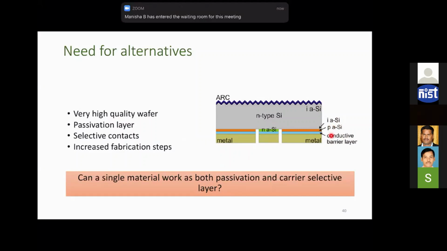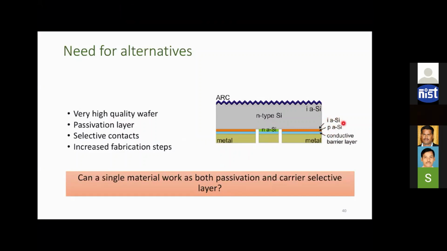Then you have to deposit a p-doped amorphous silicon. Then you have to deposit n-type amorphous silicon along with the intrinsic passivation on top of your N-side. So this technology actually increases the fabrication steps, thereby to some extent the fabrication cost.